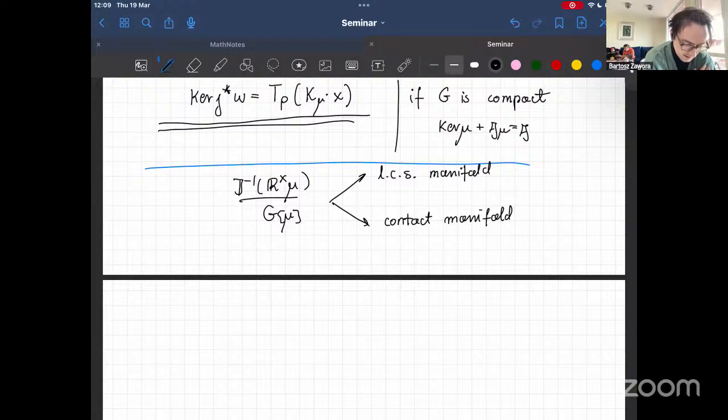They didn't give the recipe how to use the Lie group symmetries to get the quotient manifold that is always contact.